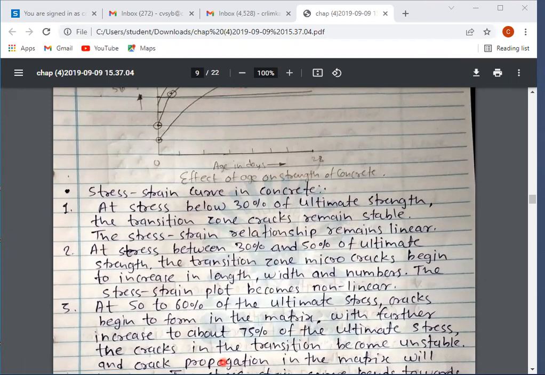Very good, Mayur. Maximum load carried by the material before its failure. Okay. Maximum load which is carried by the material before its failure, that is nothing but your ultimate stress. What is yield stress or yield load?